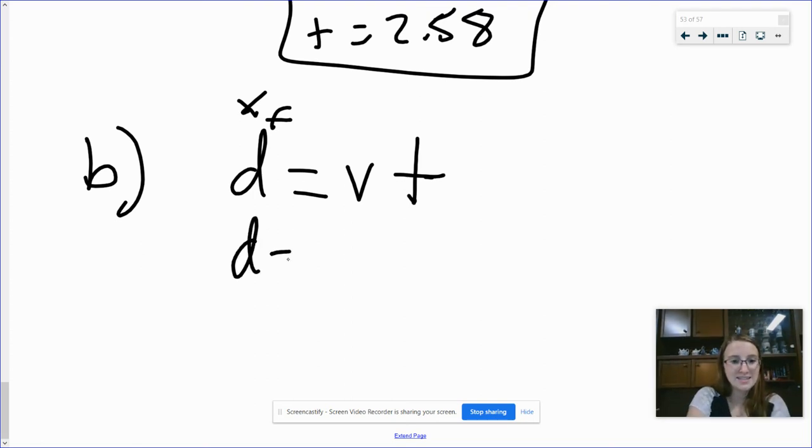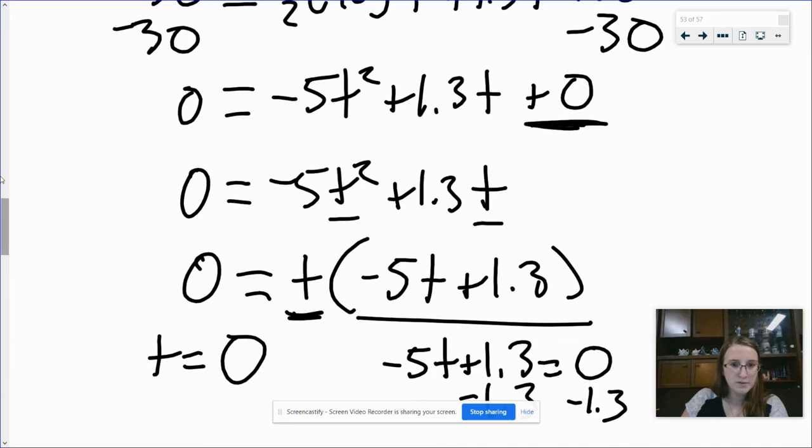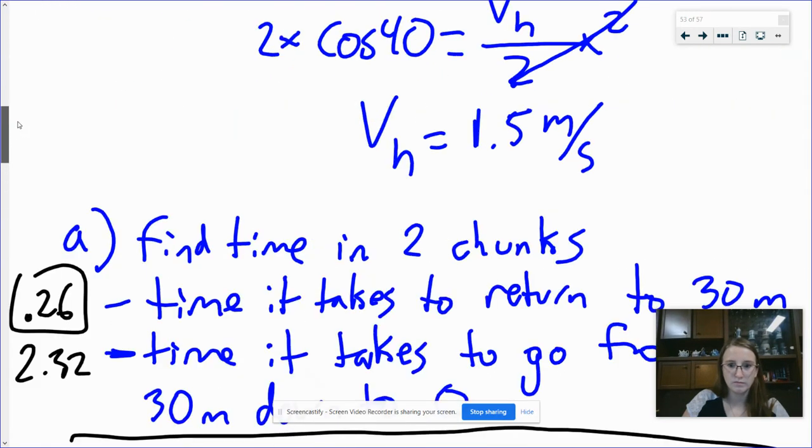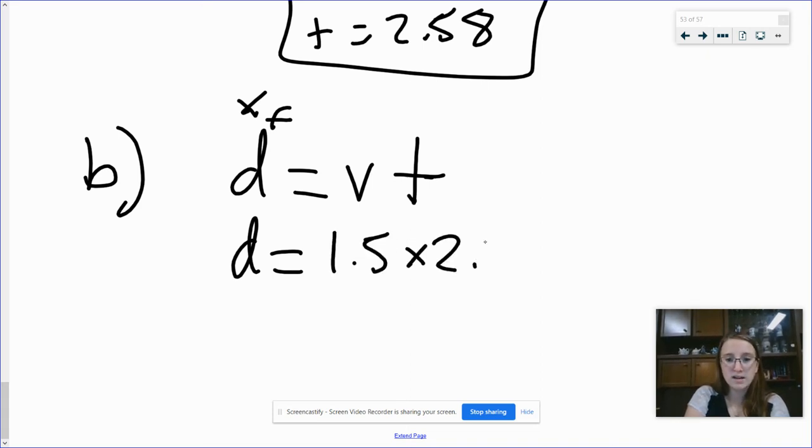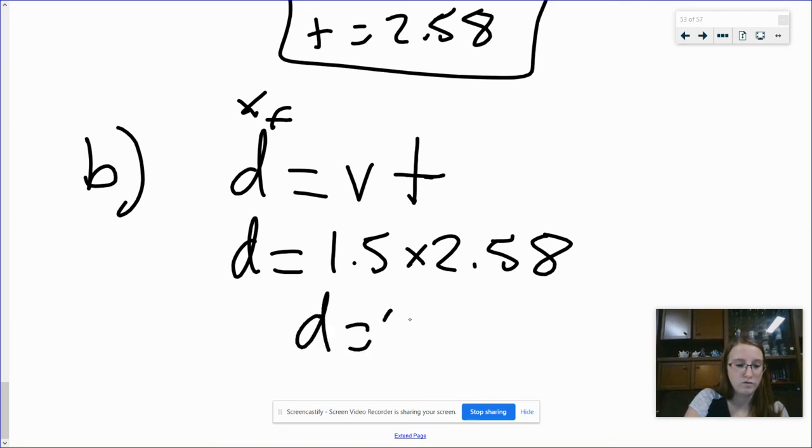So the distance traveled is going to be my horizontal velocity, which I think I remember being 1.5. Yes, horizontal velocity was 1.5, and we traveled horizontally for 2.58 seconds. So we've traveled 4.08 meters out horizontally.